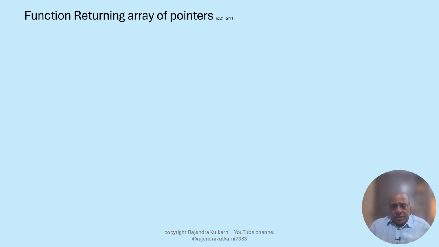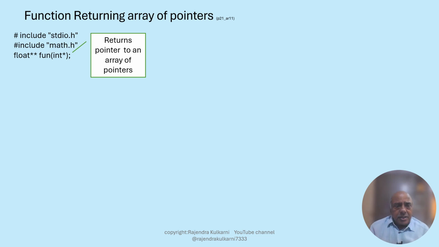If we return 10 such pointers using an array of pointers, which contains 10 elements, or 10 pointers pointing towards 10 different arrays, then what we have achieved is returning a huge number of values from the function. How we return the array of pointers, that we will see in this program.